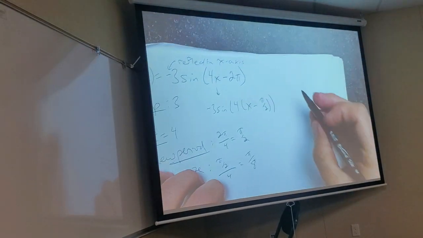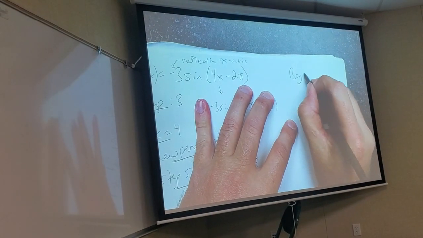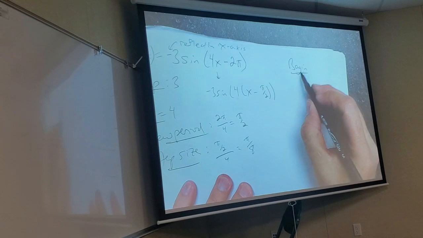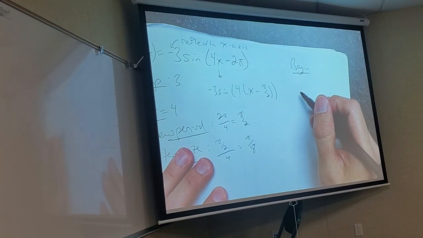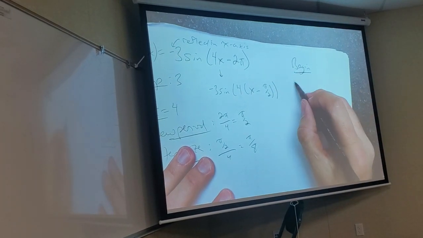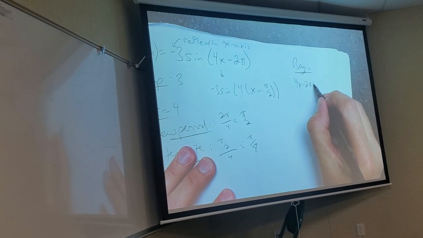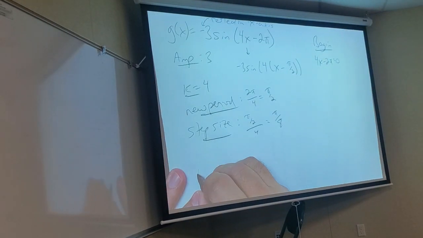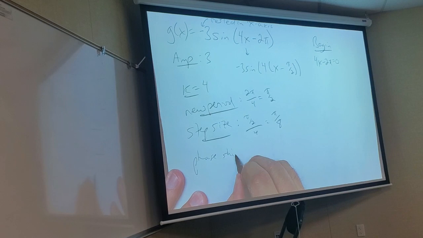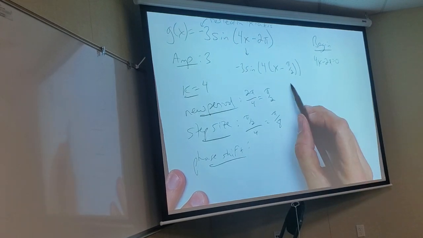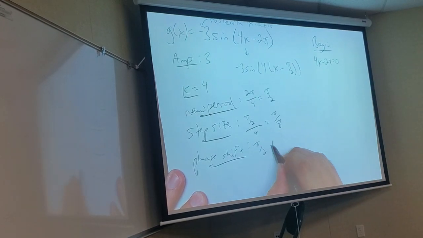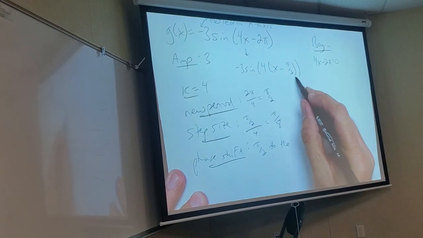Now, you don't really have to do this, but where does sine normally begin? Sine and cosine, 0. So if I set the inside equal to 0, oh, real quick before I forget, what's the phase shift? Pi over 2 to the right.